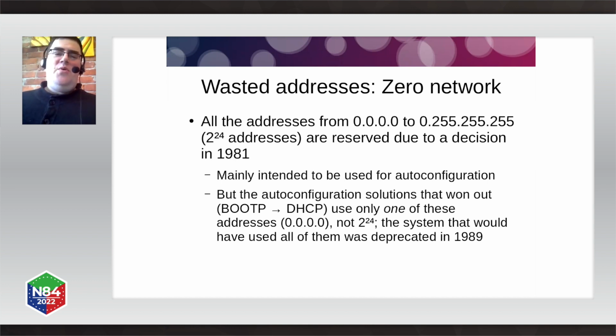The entire 0 network, 0/8, was reserved essentially so that this ICMP auto-configuration mechanism could use it. In my understanding, when you connected your computer to a network, it would use a 0 net address and then send ICMP messages and get ICMP replies. That mechanism was deprecated in 1989. I'm not even sure if it's ever been implemented.